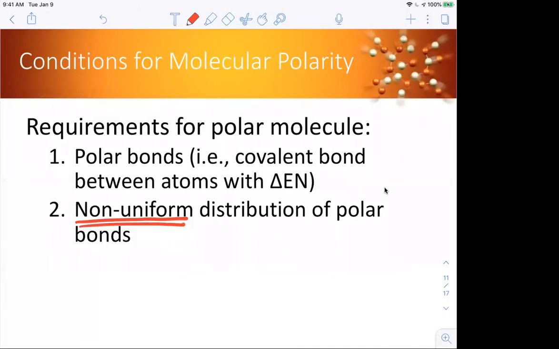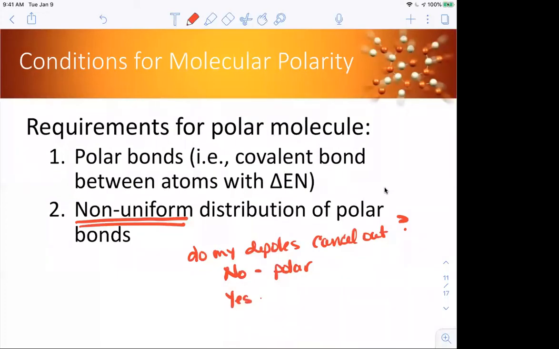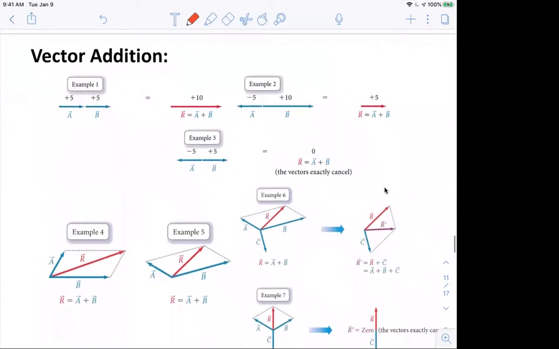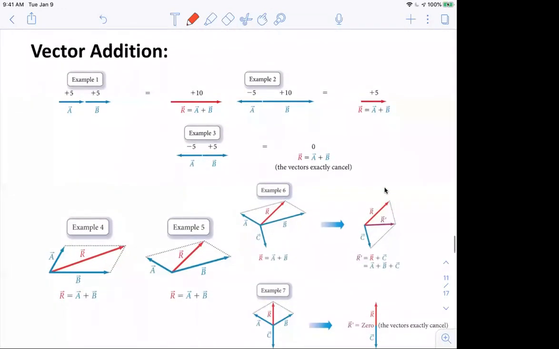So I have to ask myself, do my dipoles cancel out? If it's no, it'll be polar. If it's yes, it'll be non-polar. So you have to get pretty good at reading these dipoles.